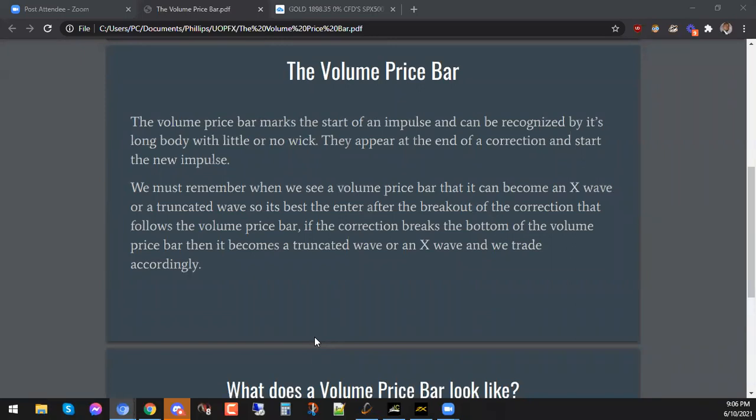So if the correction breaks the bottom of the volume price bar, let's say the volume price bar was a bullish bar, a green bar, bullish candle, and the correction comes and breaks the low of that bullish candle, then the volume price bar would have led to an X wave or a truncated wave. It could have also turned into the first leg of a correction. Okay, so remember that.